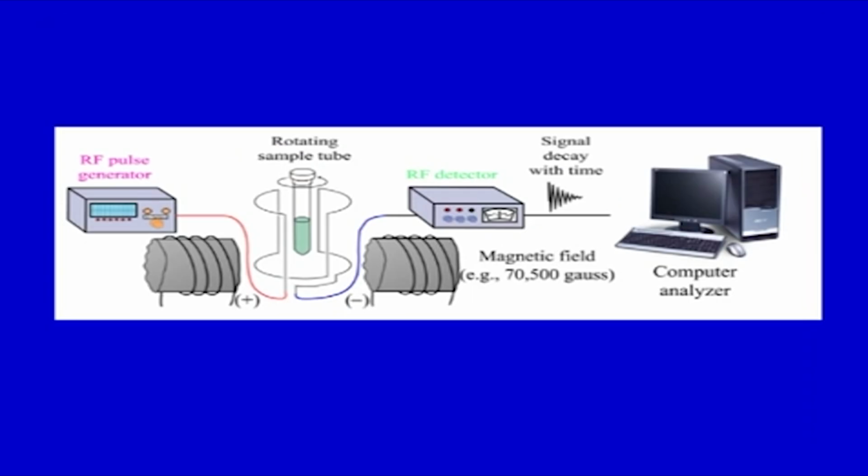This is another representation of the same thing, where there is an RF pulse generator, a rotating anode, and a spinning sample tube here.